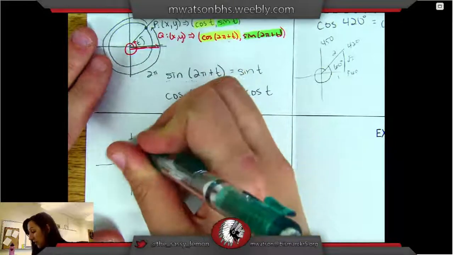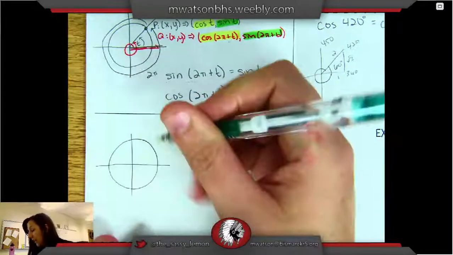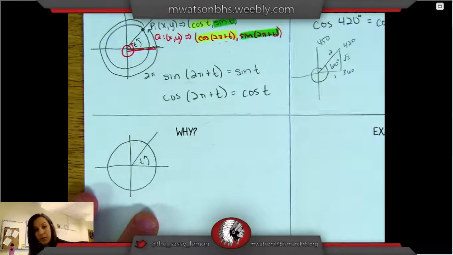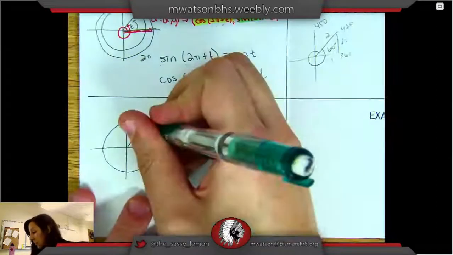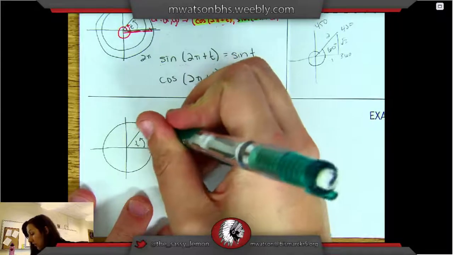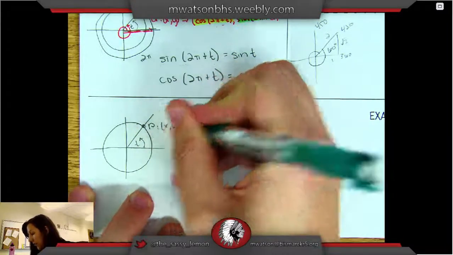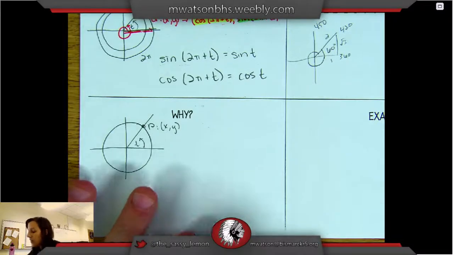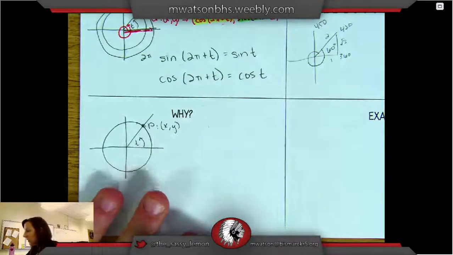So let's draw a unit circle. Again, we're going to make our t angle. We're going to put our point P and call it x comma y. This time we don't care about cosine and sine, so we're not going to do anything with that.